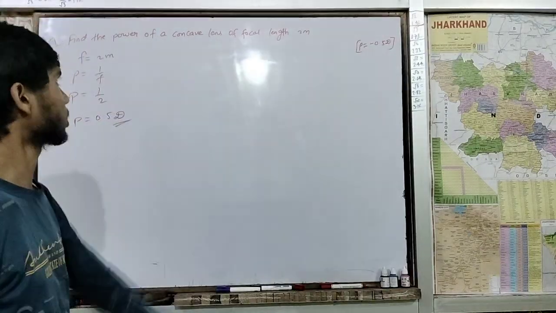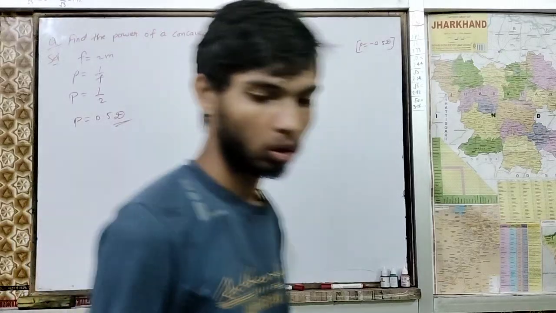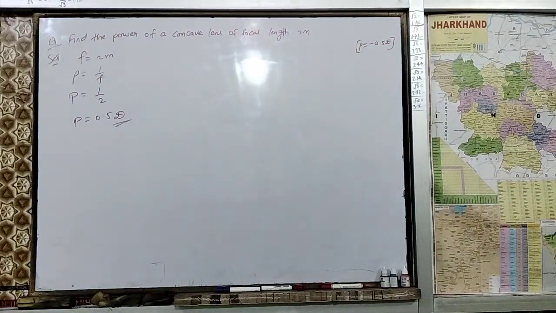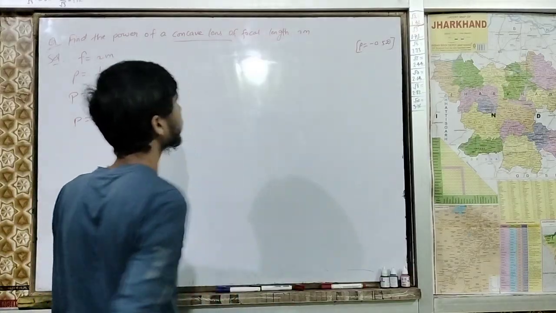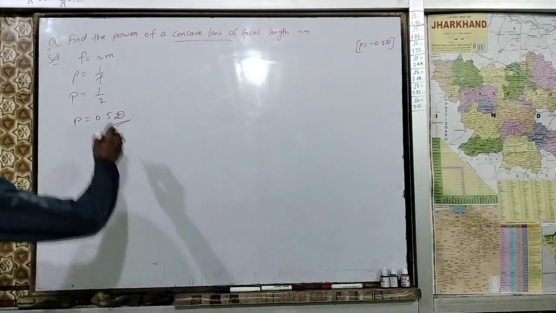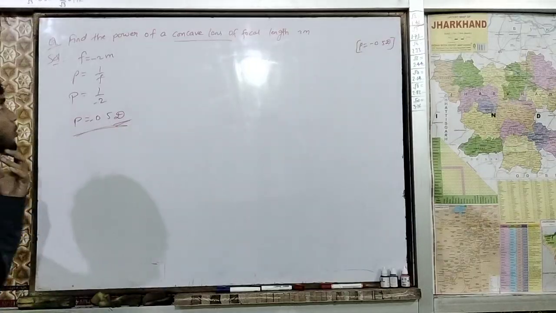But brother, we don't have a convex lens. We have a concave lens. That's why a concave lens will give us minus 2 meter focal length.